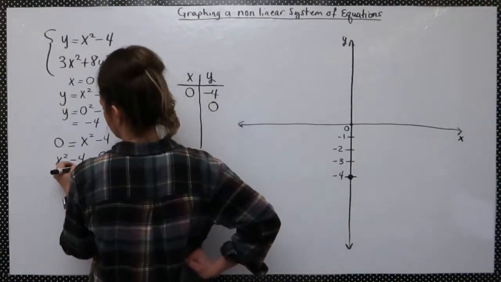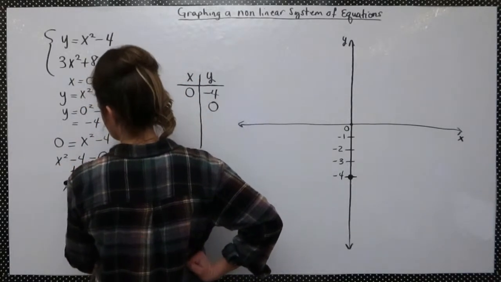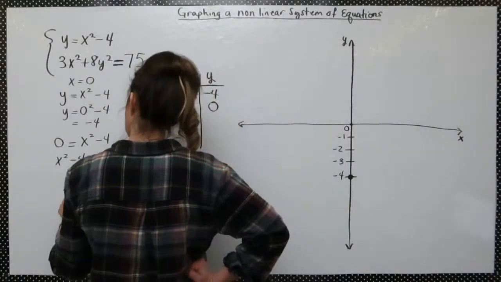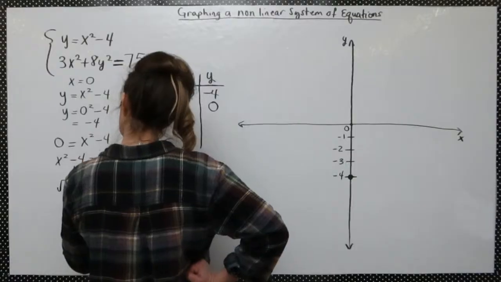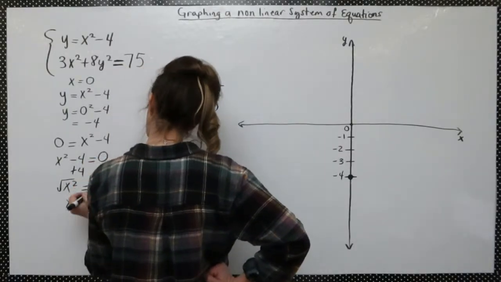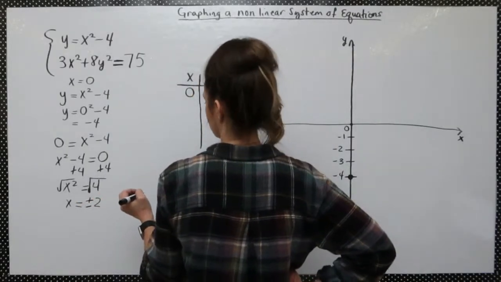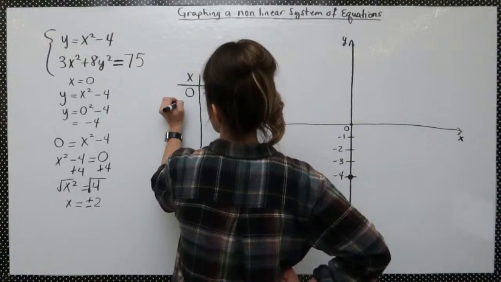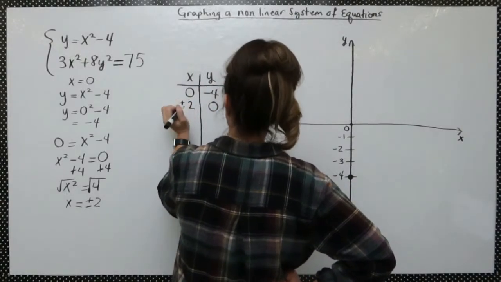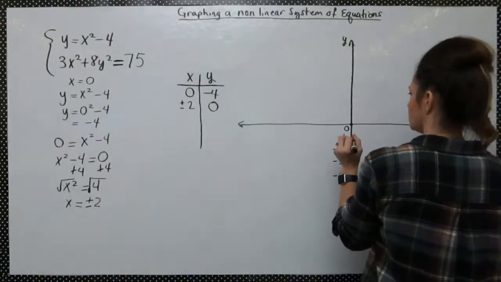Just add 4 to both sides. So that's going to give you x squared equals 4. Then to solve a square, for the inverse, you just take the square root and you get plus or minus the square root of 4, which is 2. So we have two values. We've got plus or minus 2 here. The y equals 0.